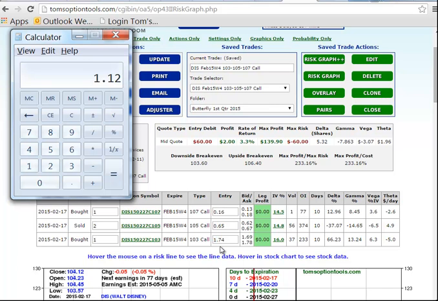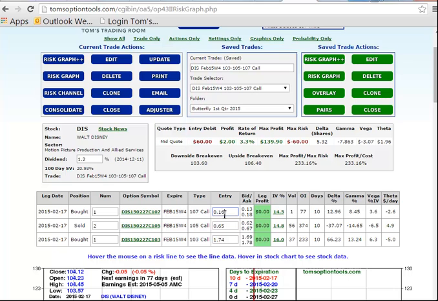The 105s, however, are very different. The 105s are actually out of the money because the right to buy the stock at 105 has no real value when the stock's trading at 104.12. And the 107s are even further out of the money, therefore being very inexpensive.